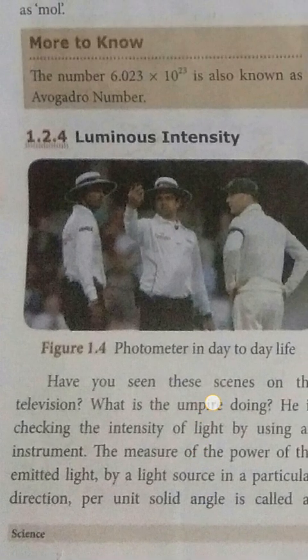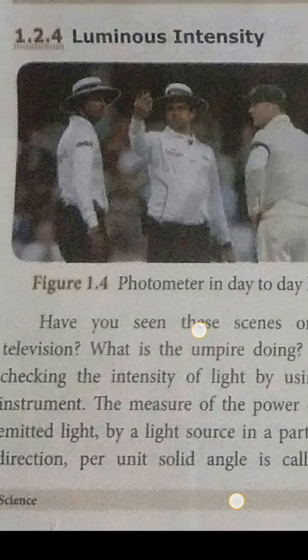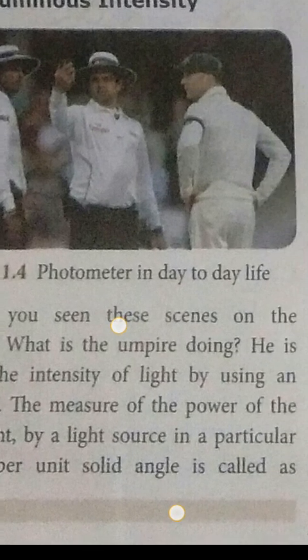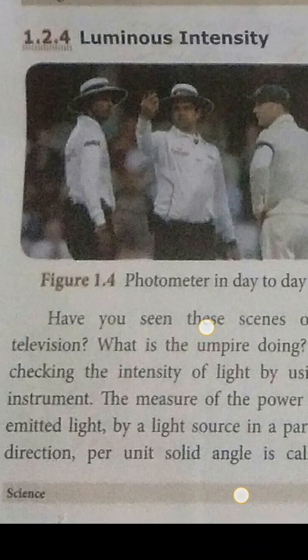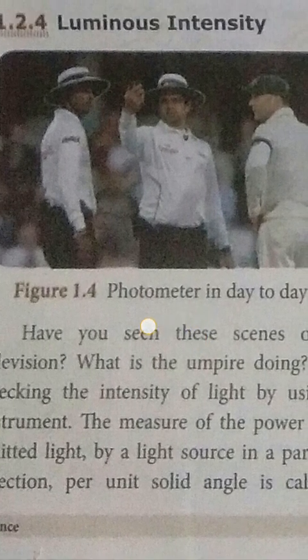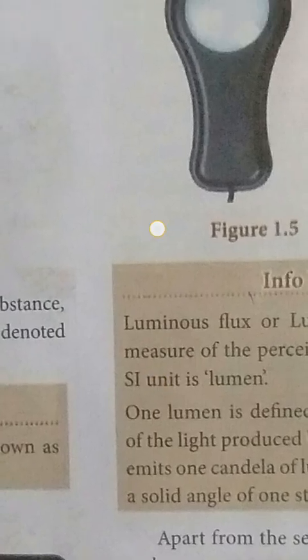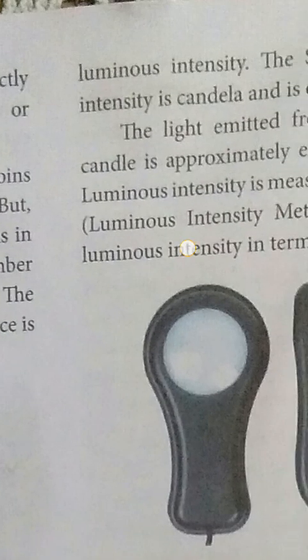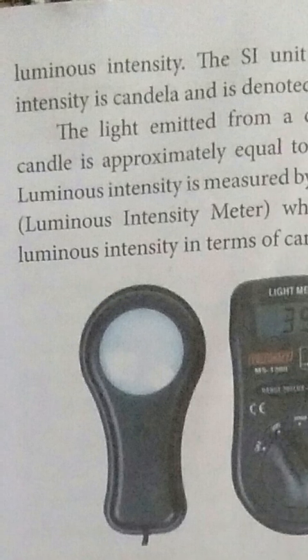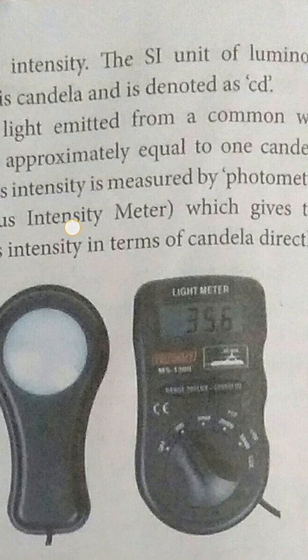For that you have to write: the measure of the power of the emitted light by a light source in a particular direction per unit solid angle is called luminous intensity. Then the SI unit of luminous intensity is candela and is denoted as CD. Till this one you have to write the answer.